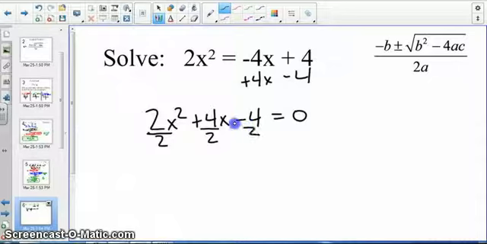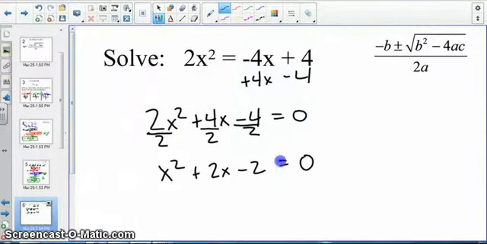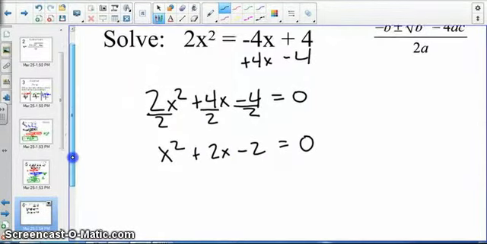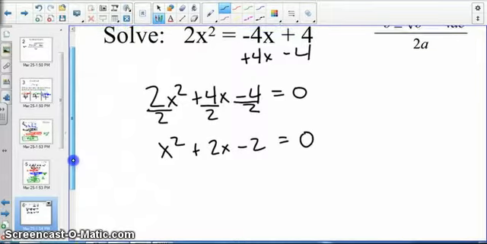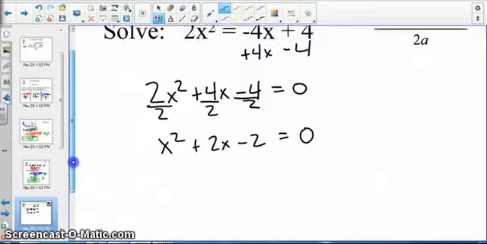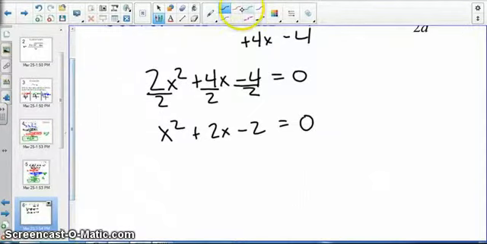So I'd have x squared plus 2x minus 2 equals 0. So all we're doing is just simplifying these so that we can use the smallest numbers that we can work with. So now I'm going to plug those numbers into my quadratic formula.